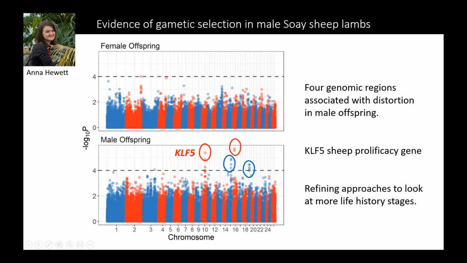One of these corresponds to a prolificacy gene, which relates to the number of offspring that a sheep has in domestic sheep, this KLF5. We're now refining our approaches and integrating them with gene drop information and developing null models to look at more life history stages in both the sheep and the deer.